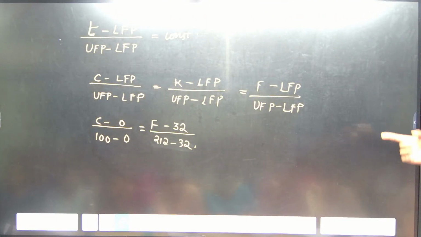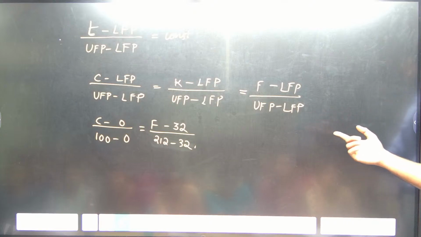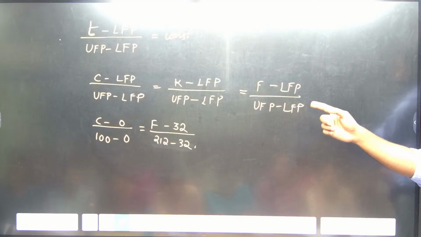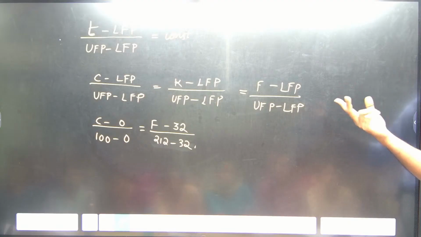If I subtract 212 minus 32, I get 180, and 100 minus 0 is 100, so these are the divisions.